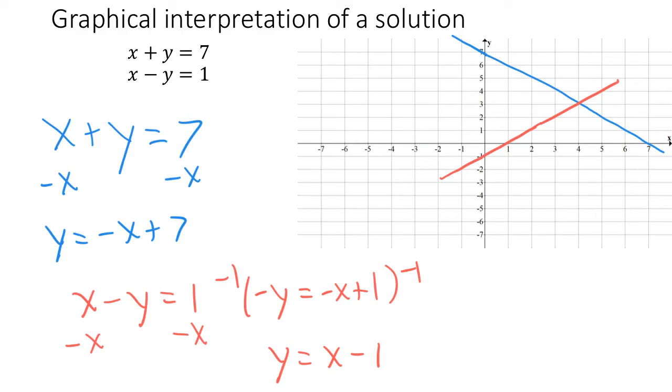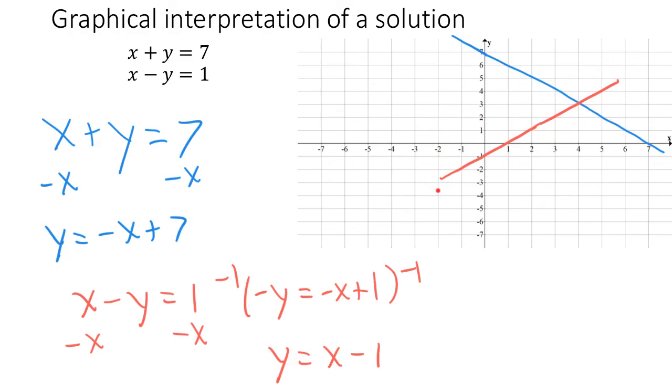Now let's think about the solution. A solution is supposed to be a point that satisfies both the first equation and the second equation. Well, to satisfy the first equation, x plus y equals 7, means that the point has to be on the blue line. So we're looking for a point on the blue line. On the other hand, to satisfy the second equation means that the point has to be on the red line.